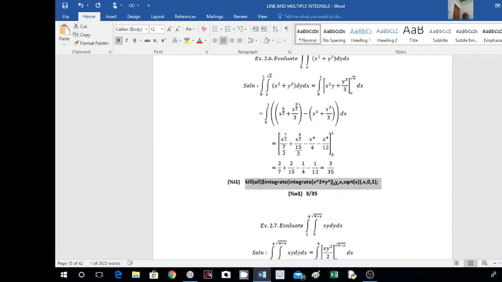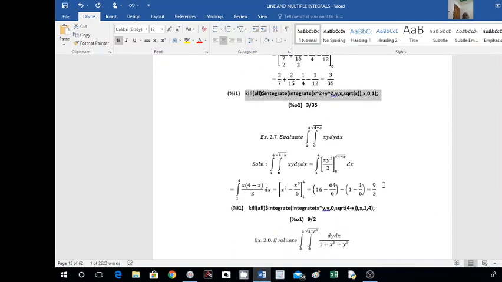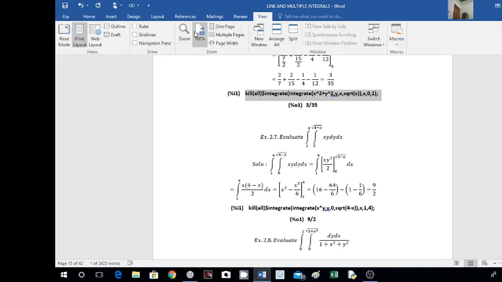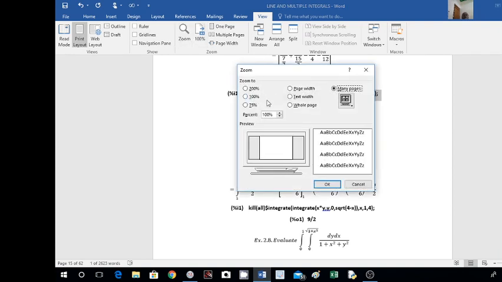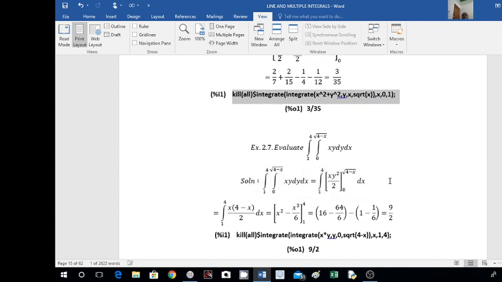Next, coming to the next example. Evaluate 1 to 4, 0 to root of 4 minus x, into xy dy dx.